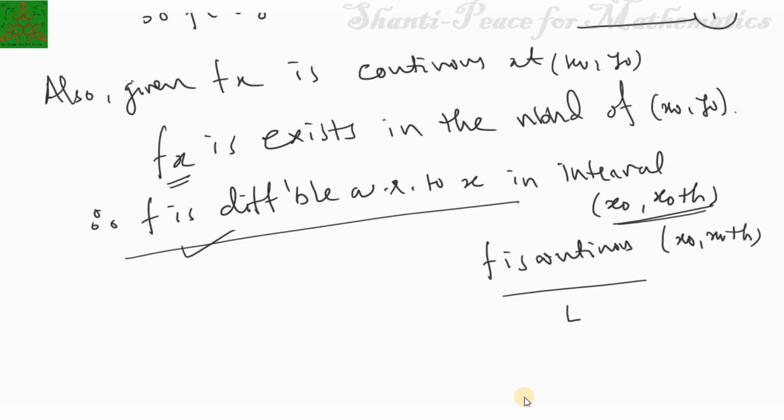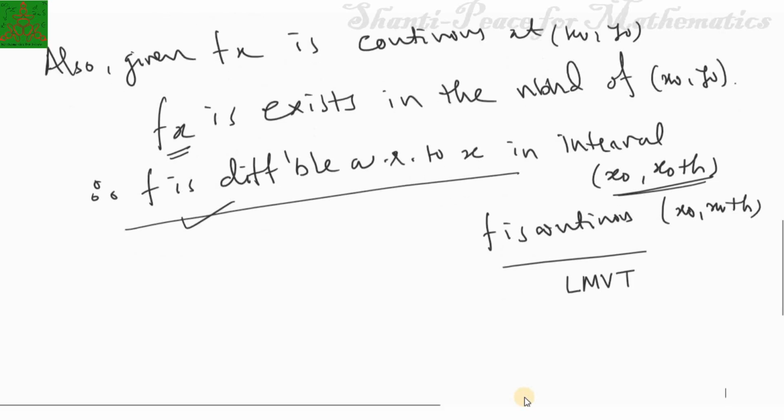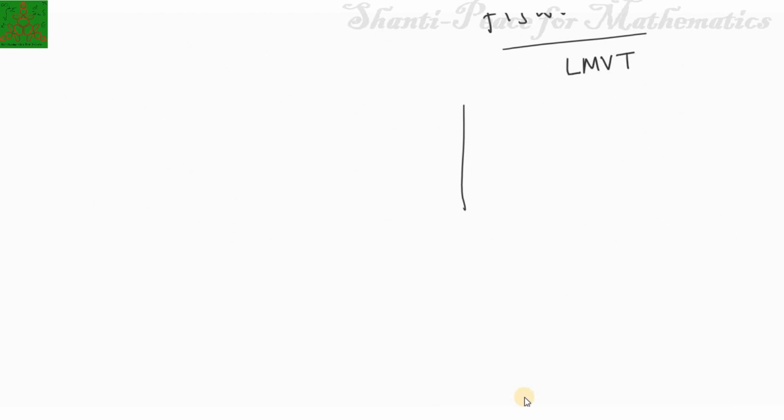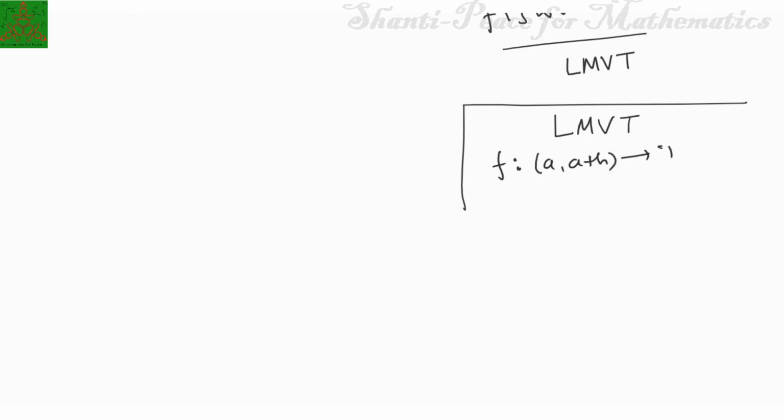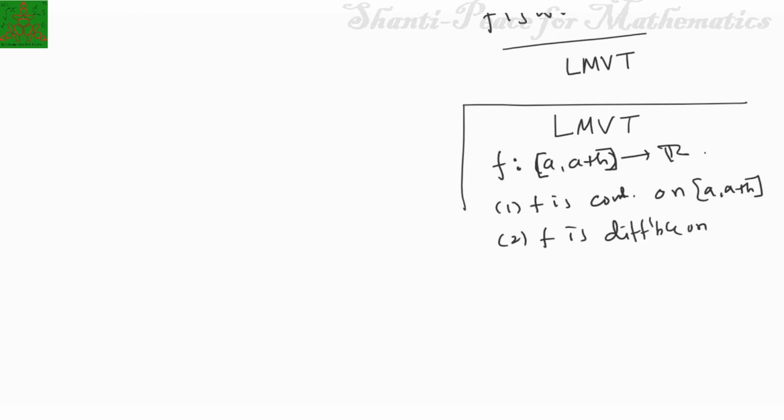So let us recall what is the Lagrange mean value theorem, which we know as LMVT. LMVT states that f is a function defined from a to a plus h, a closed interval. Then the first statement is f is continuous on the closed interval a to a plus h. Second statement, f is differentiable on the open interval a to a plus h.